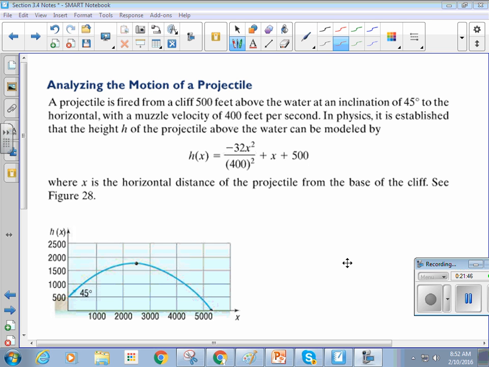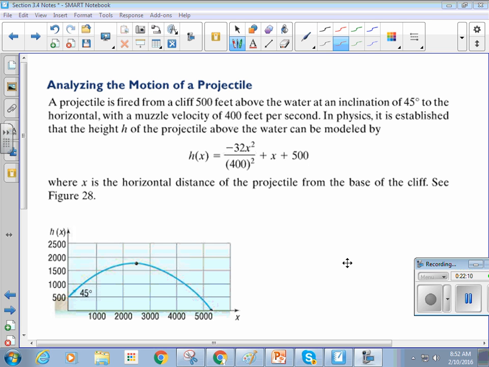Thanks, North Korea. A projectile is fired from a cliff 500 feet above the water at an inclination of 45 degrees to the horizontal, with a muzzle velocity of 400 feet per second.